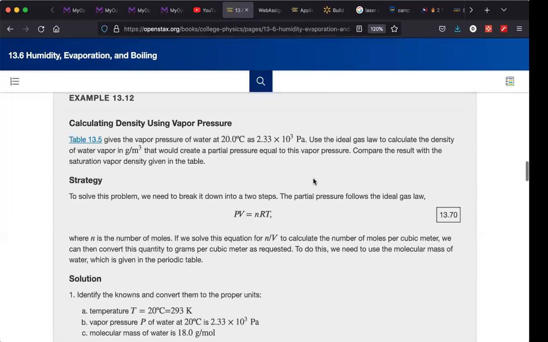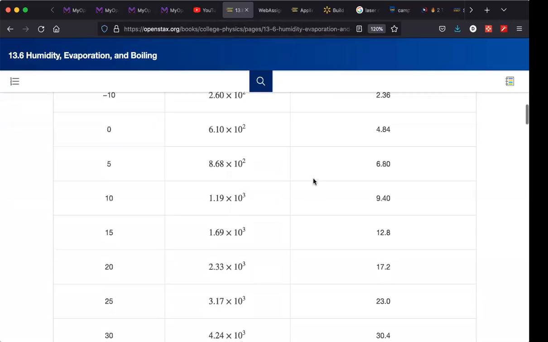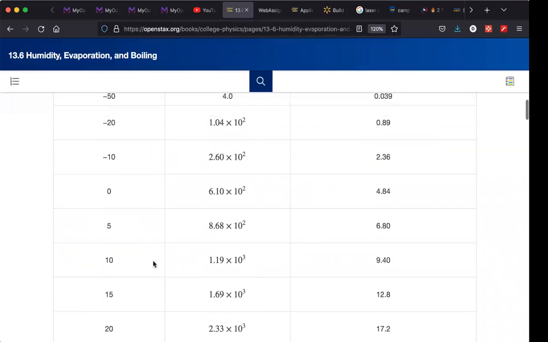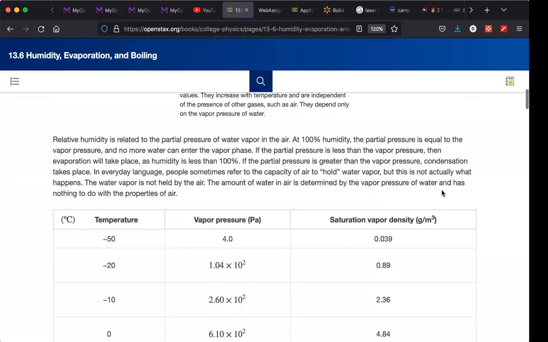So if you look at this table here and you say, okay, let's say my temperature right now is 10 degrees Celsius, and the amount of humidity I have is 6.8 grams per cubic meter.